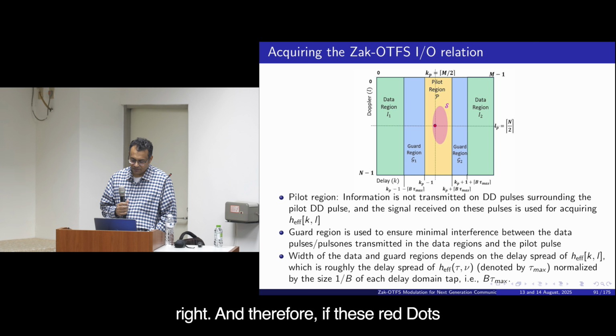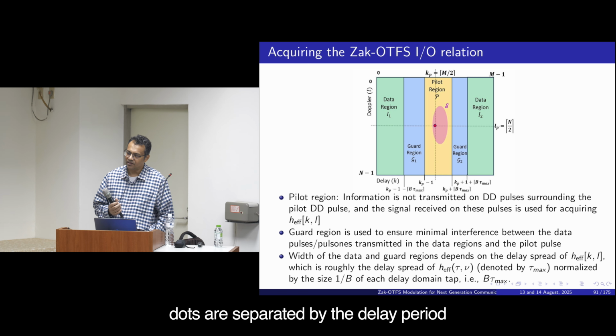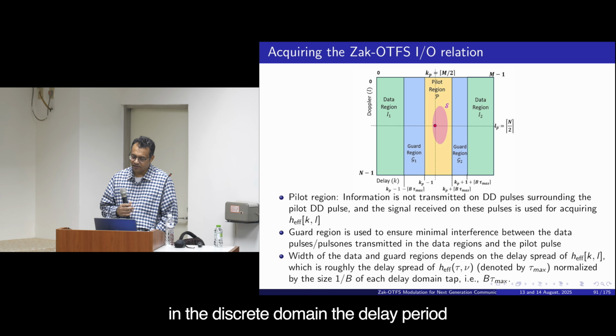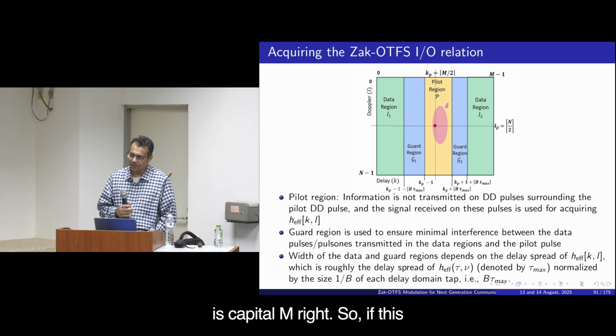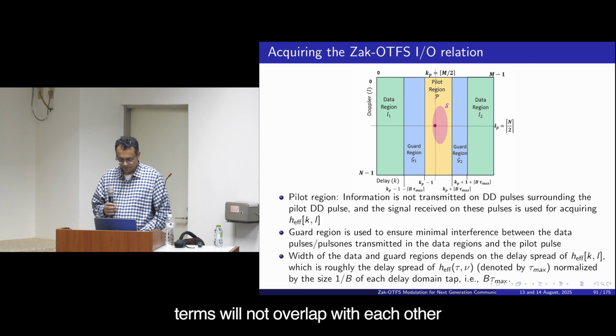And therefore, the red dots are separated by the delay period. In the discrete domain, the delay period is capital M, right? So, if this spread of H effective is less than M along delay and less than N along Doppler, then all these terms will not overlap with each other.